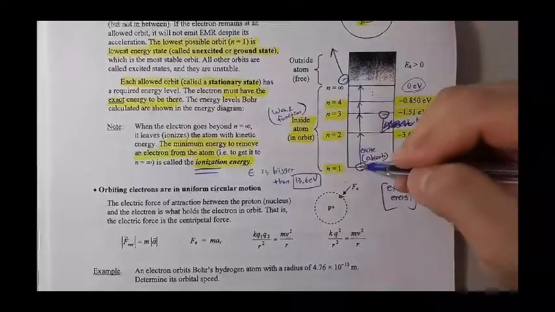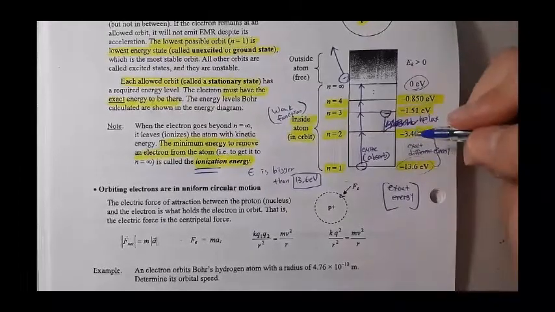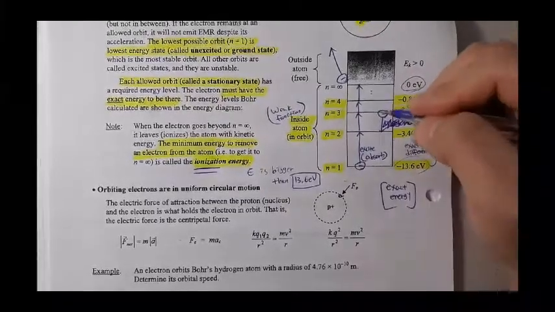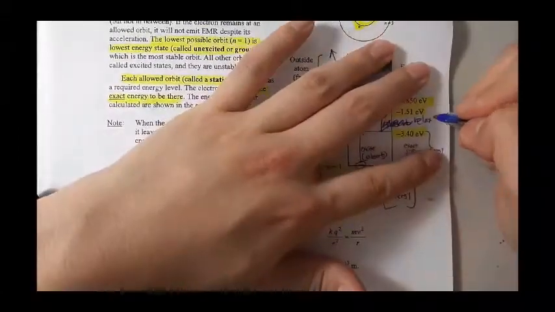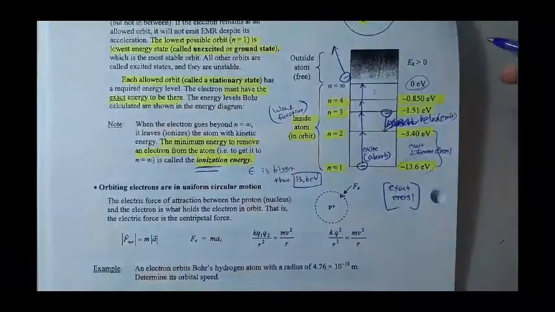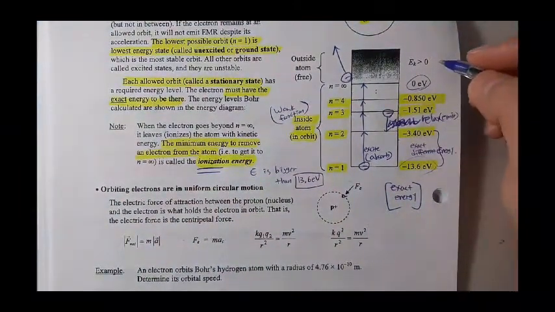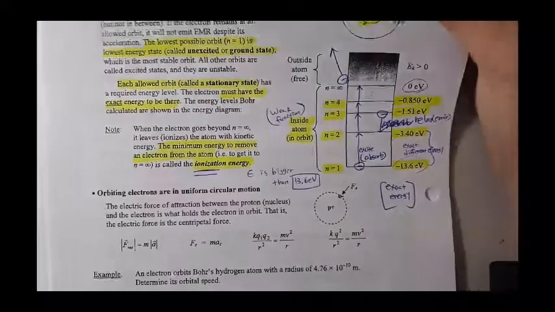It's like you have cold water and to boil the water you need to absorb heat energy. In this case, EMR energy. If I go from a higher level to a lower level, that's relaxing and that emits light. These are the relationships that you need to understand theoretically. Now let's do one example.